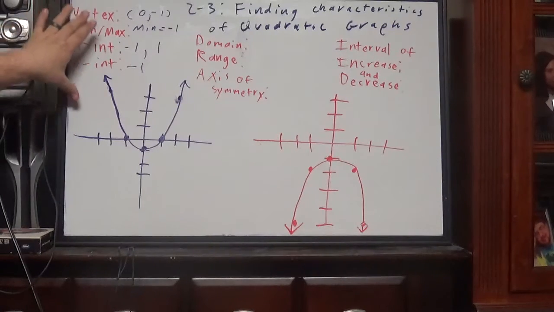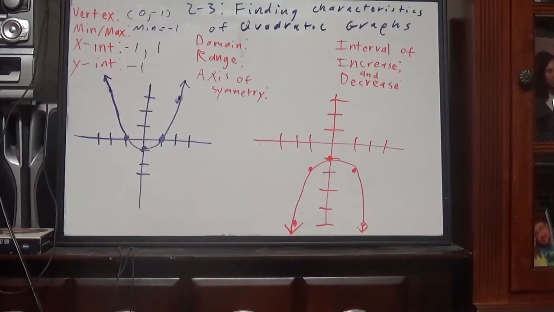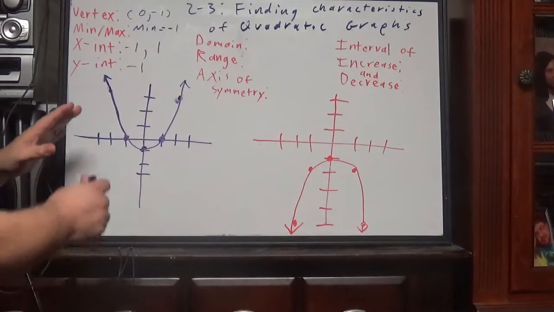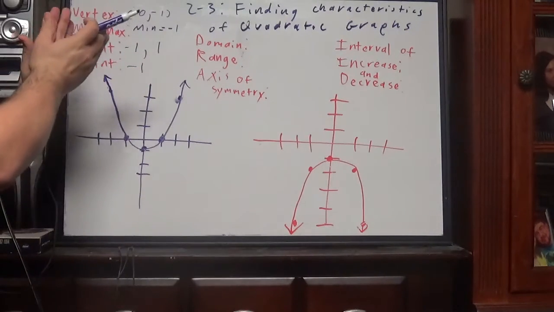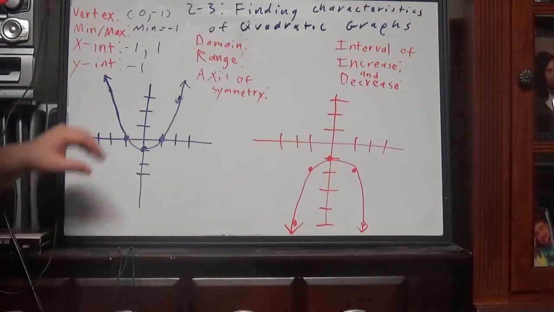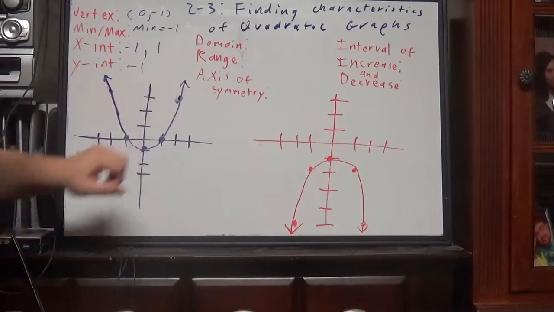So far, everything's pretty easy. Hopefully it seems simple. It gets a little bit harder with the domain and range. They're not difficult, but there's a lot to remember. So the domain of any quadratic graph where you've got these arrows pointing up, remember that it's not only going up, it's going outward, ever so slightly in this case, but it's going outward.